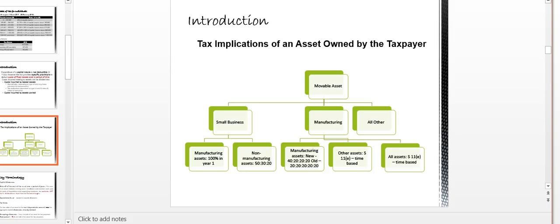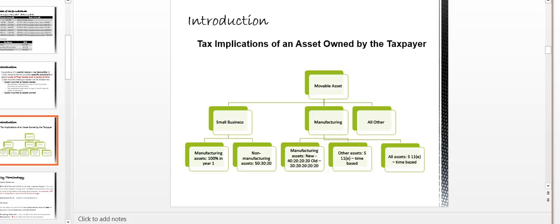But if it's a manufacturing business, then for any new manufacturing asset, you will allow a deduction of 40% in the first year, and 20% in each of the remaining 3 years. If it's an old or used asset, then it's only a 20% deduction over a 5-year period. Any other asset for a manufacturing business will allow a Section 11E wear and tear allowance, but we'll discuss all of this a bit later.